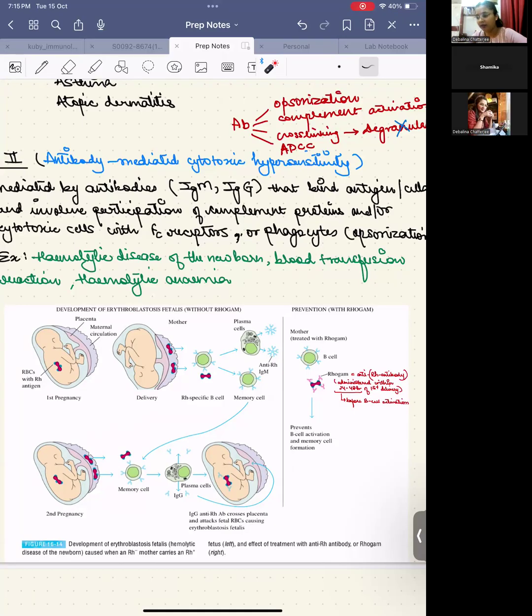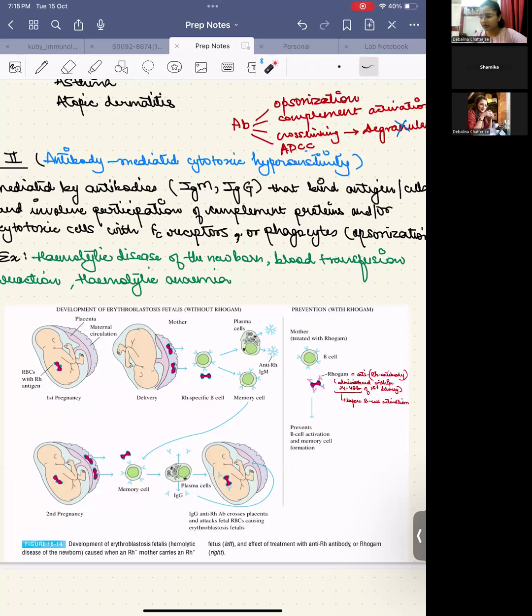Say we have a female who is A negative, and the fetus has a B positive or any of the positive blood groups. This positive is nothing but the Rh factor that is present on the RBCs, right?